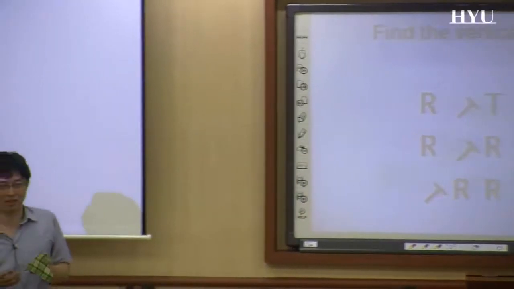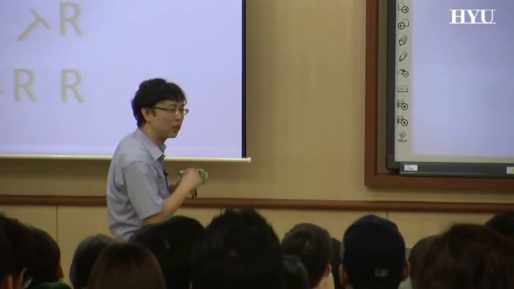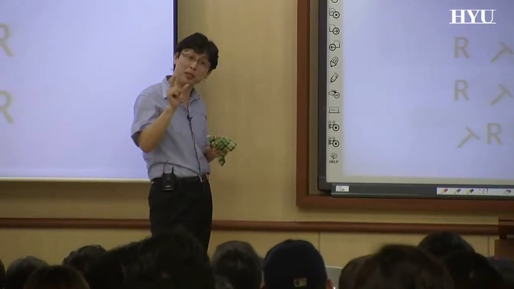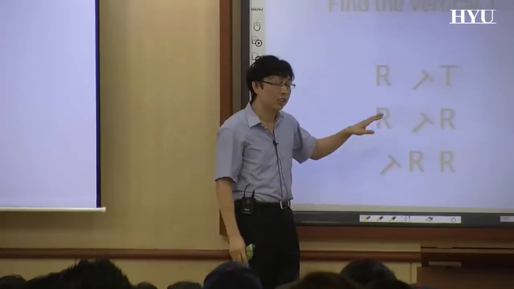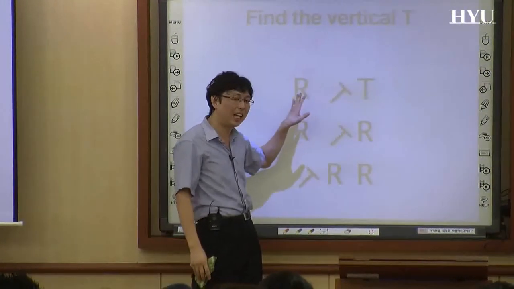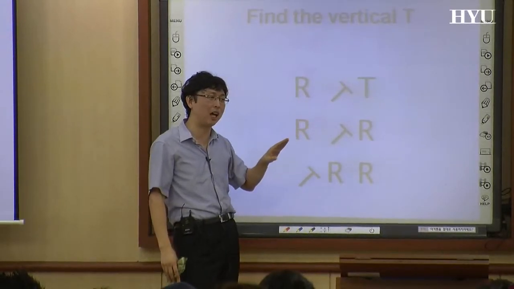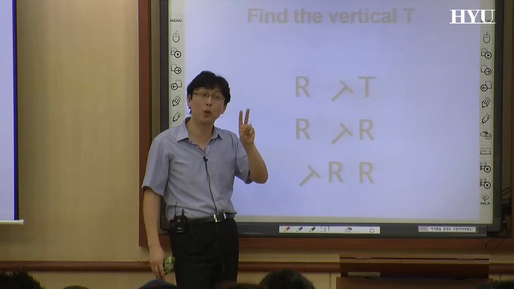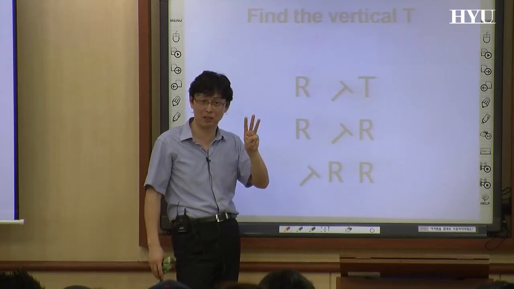So why does that happen? As I said, attention is limited, right? Attention is limited. If you want to find the vertical T, it takes more time because you have to pay attention to 2 or 3 different pieces of information.